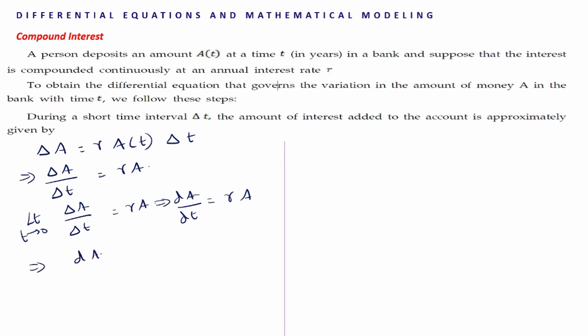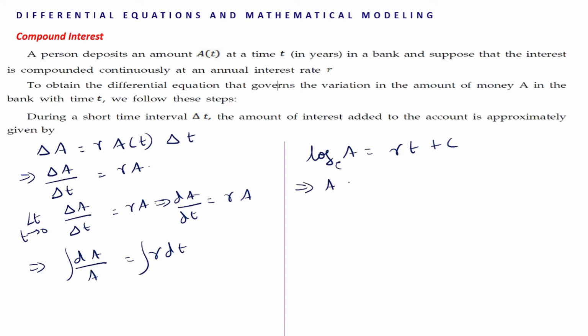This implies dA upon A is equal to R into dt. We can integrate both sides. So we get log A is equal to RT plus C, where C is the constant of integration, and this is to the base e.